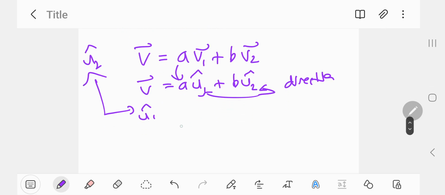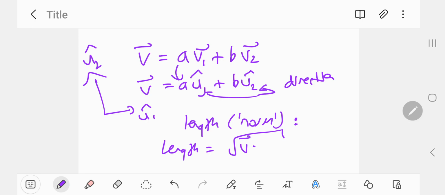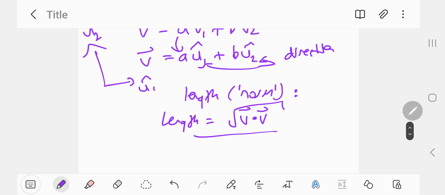The length of a vector, also known as the norm, may be defined as the square root of the dot product of the vector with itself. But we seem to come across a problem here. If you get a negative number, you can't take the square root of a negative number.